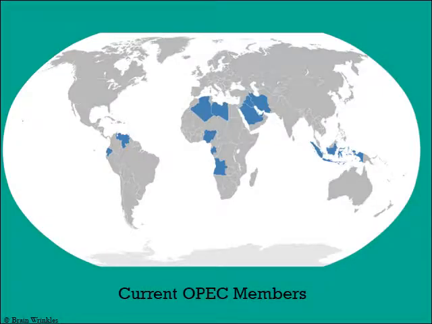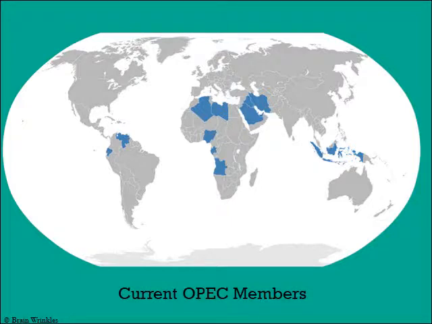Next slide. And this is a world map, and you can see the different countries in the world that are involved here. Obviously, you've got the ones in the middle here. If you look in the Middle East, you'll see Saudi Arabia, Iraq, Iran, and then because Kuwait's there, you can see that. And then you've got the other little ones like UAE and other ones in the Persian Gulf.